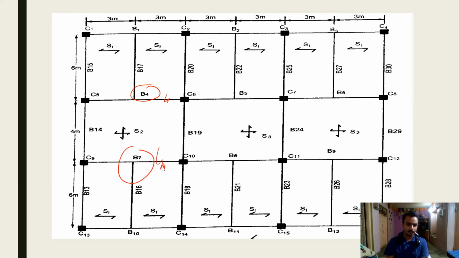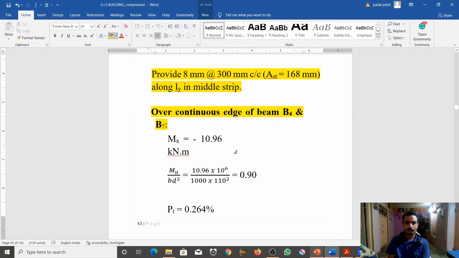So at this support we have to design. Okay. Mx is the x direction moment, minus 10.96 kilonewton meter. Find Mu upon bd square is 0.90.